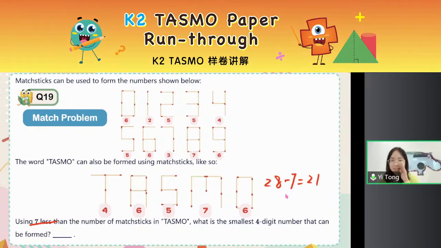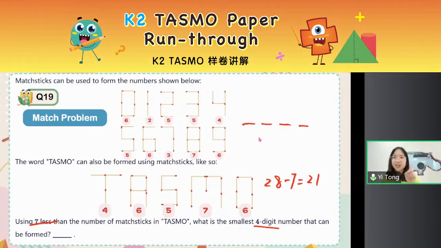We use 21 sticks and we need to form a 4-digit number. So for a 4-digit number, what is the smallest digit I can put in the first place? Can I put 0, everyone? Type 1 if no, and type 2 if you think yes.